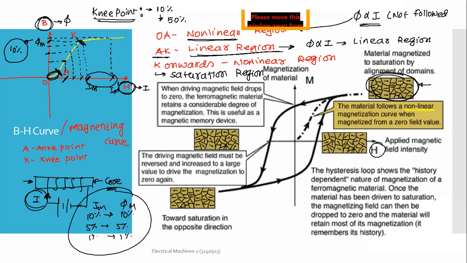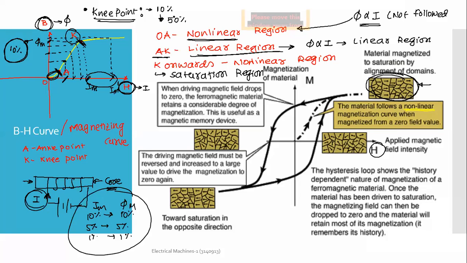It was a linear relation between the flux set up in the core versus the current through the coil up to point K. After point K, which is the knee point on the magnetizing curve, if you want to increase the flux by 10%, then the magnetizing current required is 50%.